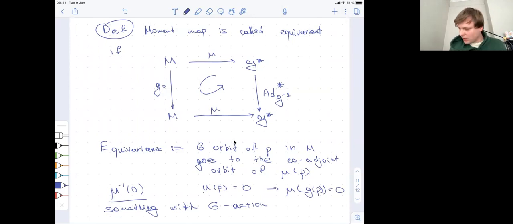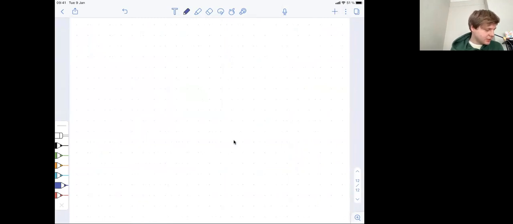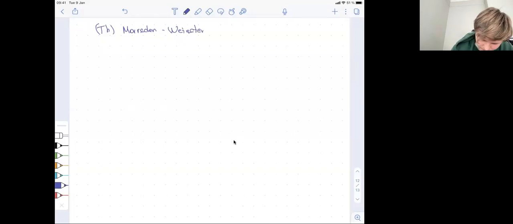And the theorem about the symplectic reduction by Marsden and Weinstein tells us the following.